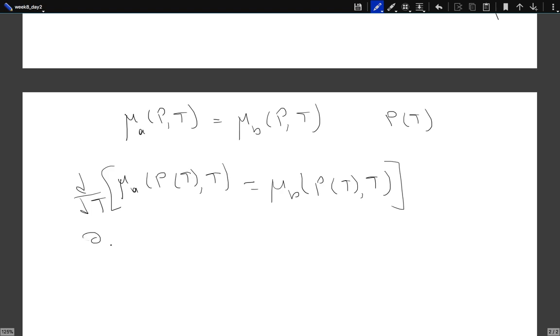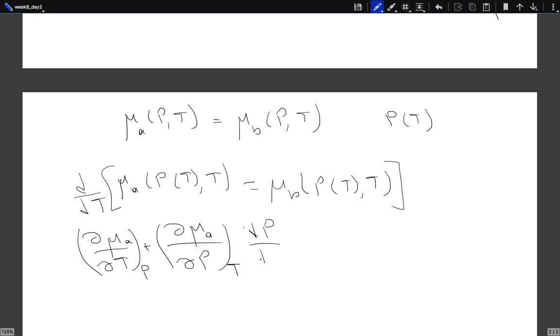Well, this will be the derivative of the chemical potential with respect to temperature at fixed pressure, plus the derivative of the chemical potential with respect to pressure at constant temperature times the derivative of the pressure with respect to temperature. This should be equal to the same thing for the B phase.